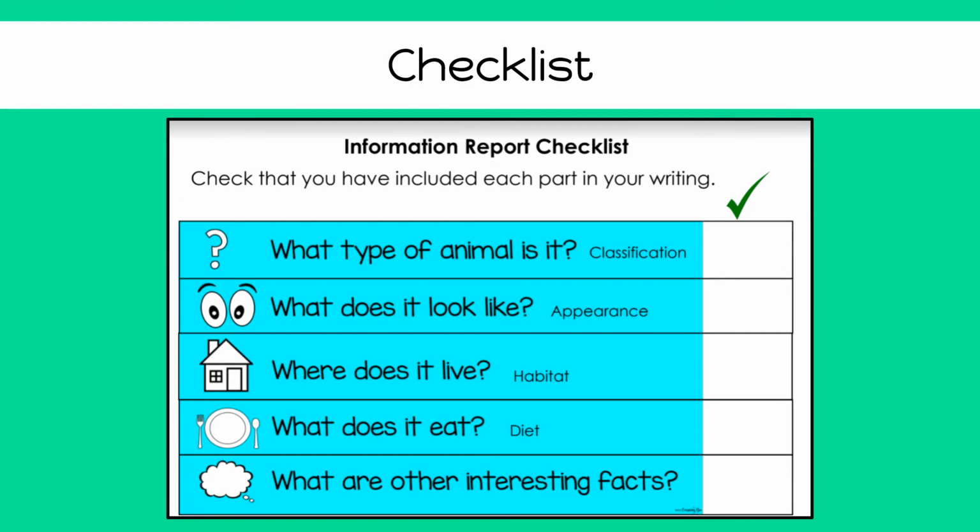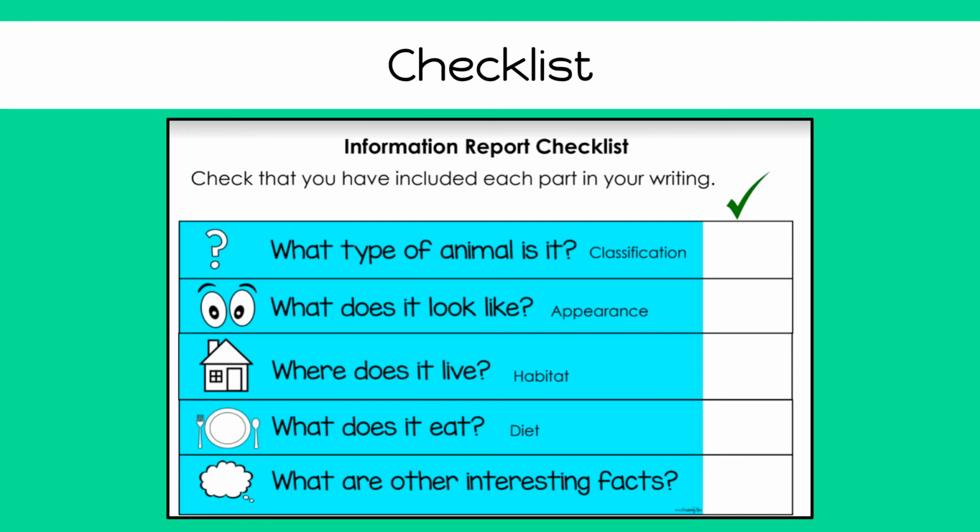Well done, everyone. Hopefully you gave yourself some time to write your short sentence about the lion's habitat on your gathering information chart. Now, there's something new that I'd like to introduce you to today, and that is a checklist. And we might sometimes use checklists to help us make sure we've included all the important things we need in our writing.